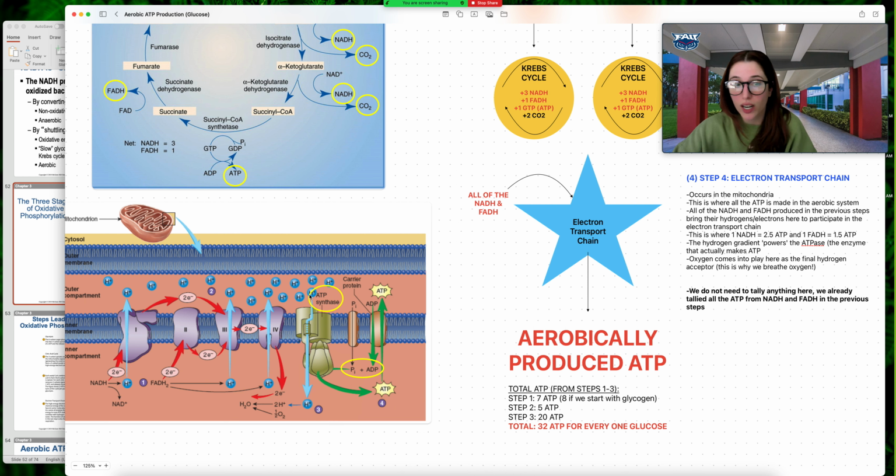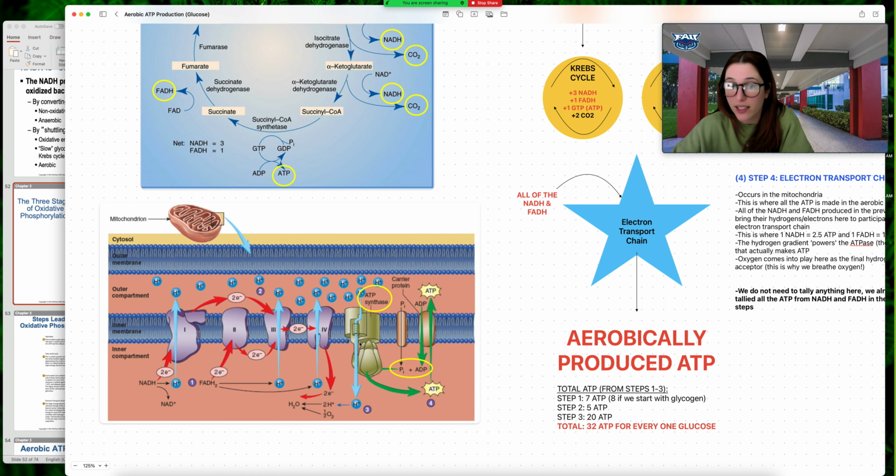We need that gradient where the hydrogens flow from the area of high concentration to low concentration. When the hydrogens flow down their concentration gradient, that's what's powering the ATP synthase to create ATP. So we need that gradient of high concentration to low concentration so the hydrogens will flow in that direction and flow through the ATP synthase.